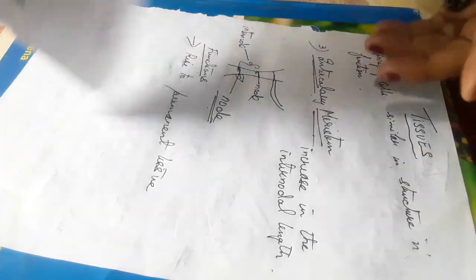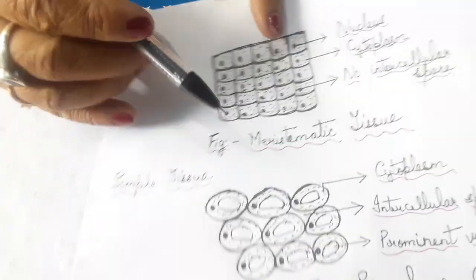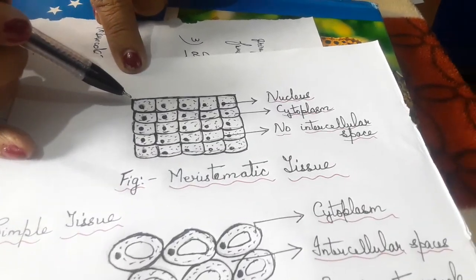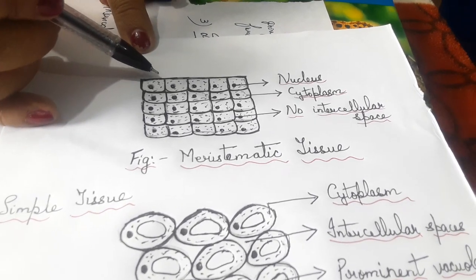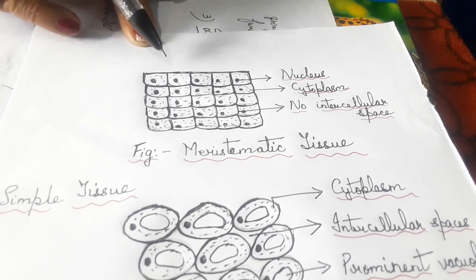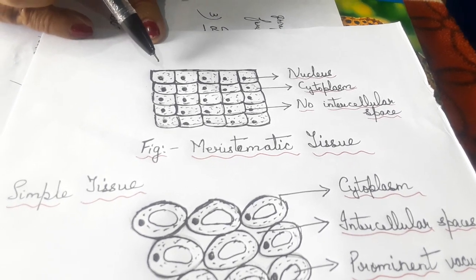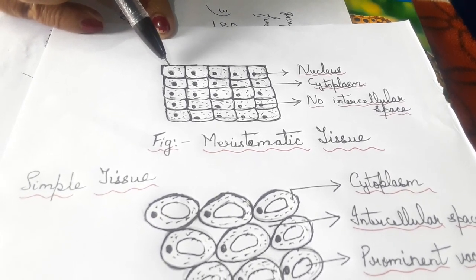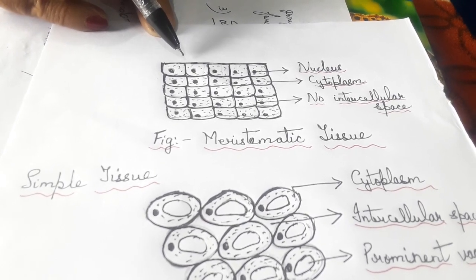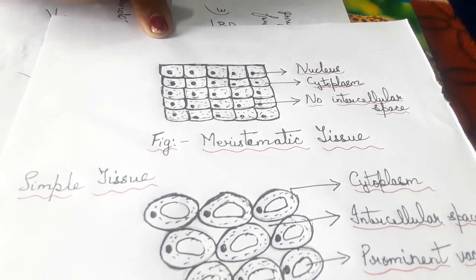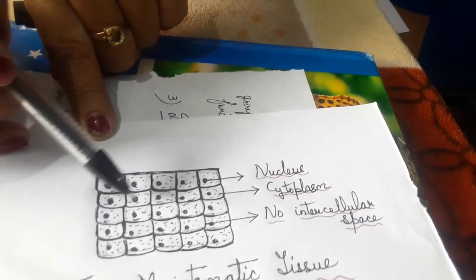As you can see in the diagram, the meristematic cells are compactly arranged, may be cube-shaped or polygonal, without any intercellular spaces. The nucleus is prominent, the cytoplasm is dense, the cell wall is thin and made up of cellulose, and there is no vacuole.